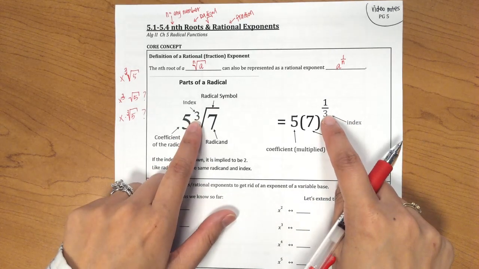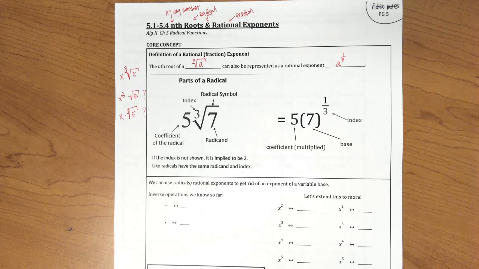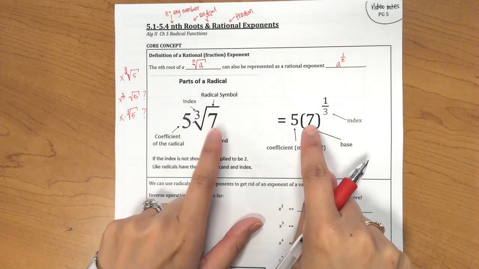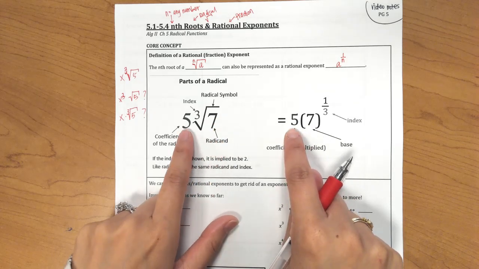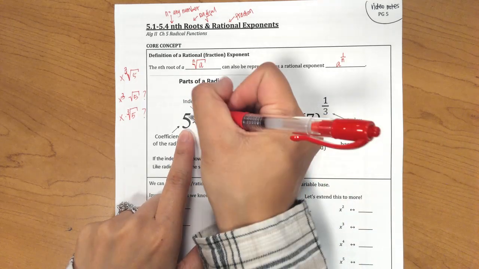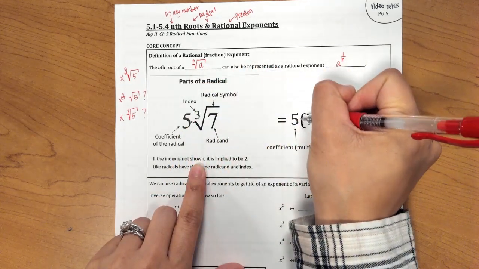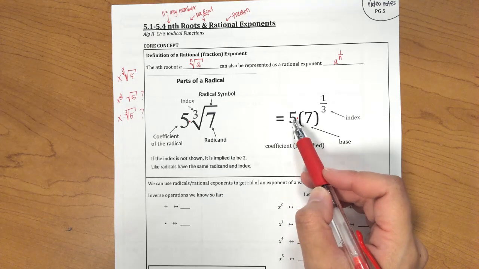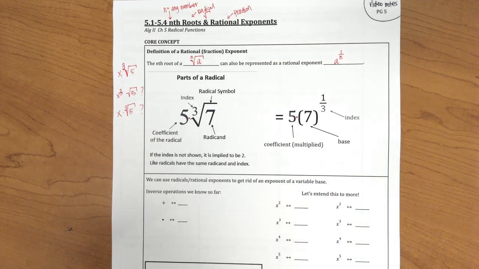If this was a cube root, we'd be looking for 5 times 5 times 5, 3 of them. The base is always the same here as the radicand, and then this 5 and this 5 are just numbers that are getting multiplied in front. Okay, so if you remember from yesterday what we were doing when we expanded it, this is just 5 by itself times whatever comes after.